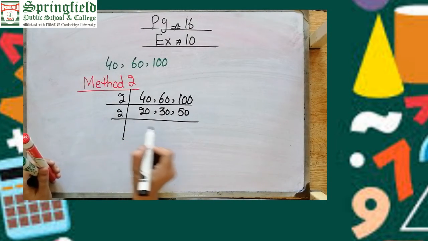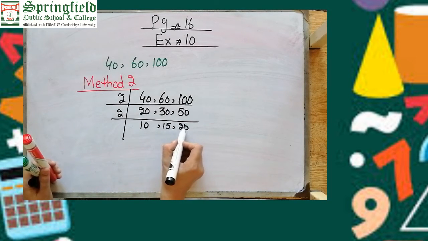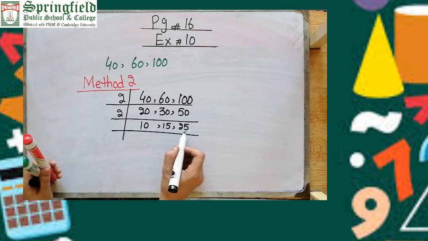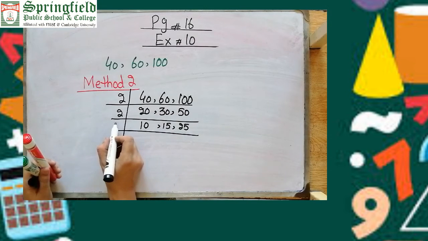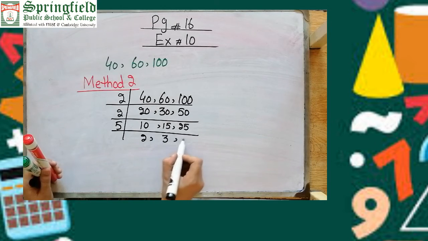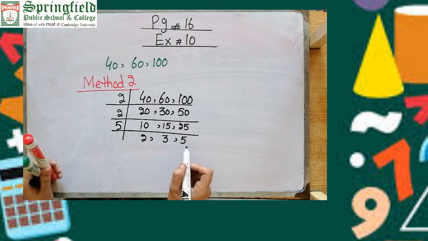Again table of 2 can be used. 2 10s are 20, 2 15s are 30, 2 25s are 50. Now 10, 15 and 25 come in table 5. So I will use the table 5. 5 2s are 10, 5 3s are 15, 5 5s are 25.